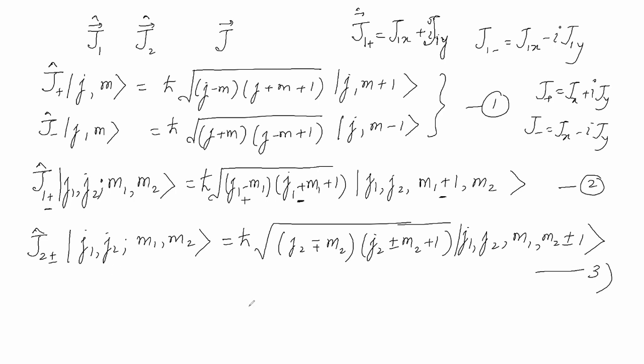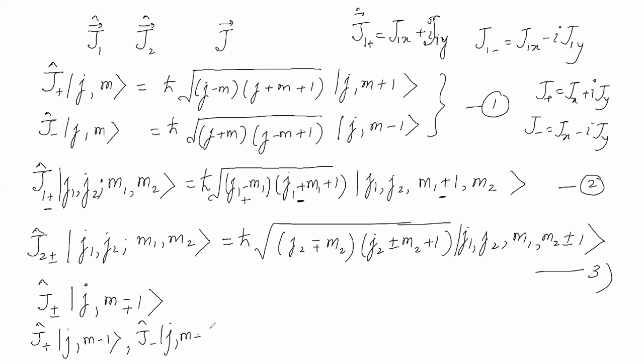Now, similarly, if I have J plus minus operating on |J, M minus plus 1>, meaning J plus is operating on the ket M minus 1 and J minus is operating on the ket M plus 1. Therefore, you can see that J plus is going to raise the value of M by 1 unit and J minus will lower the value of M by 1 unit.